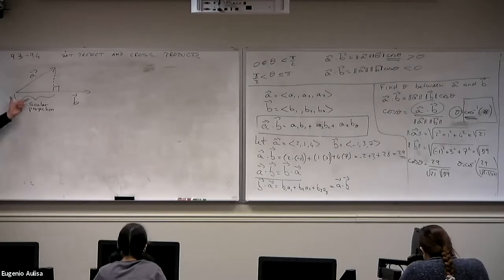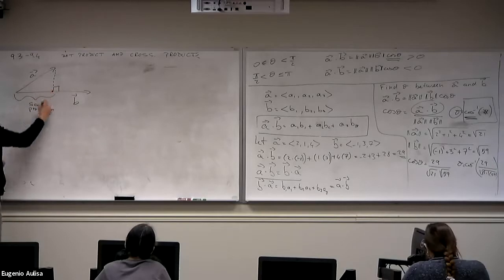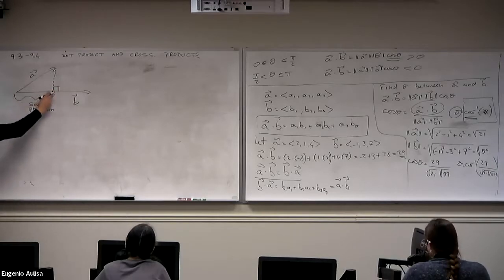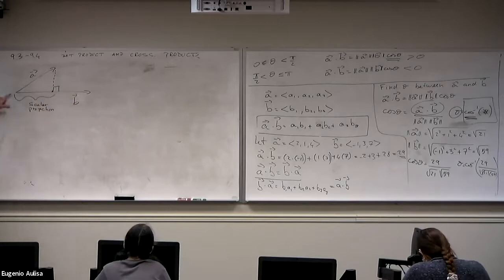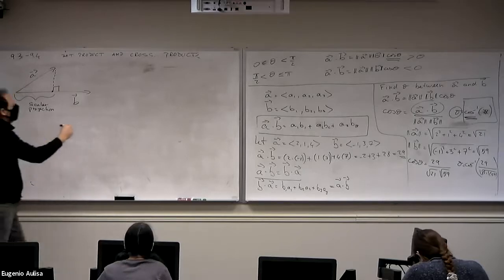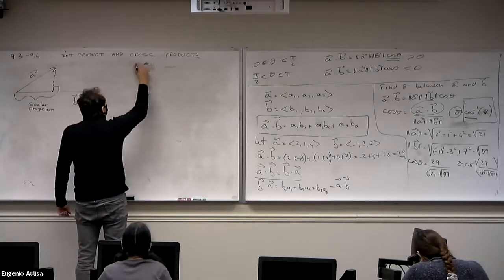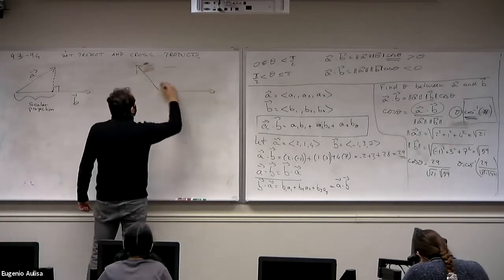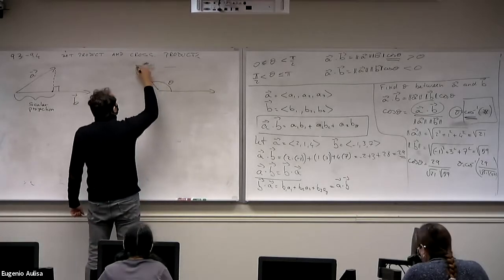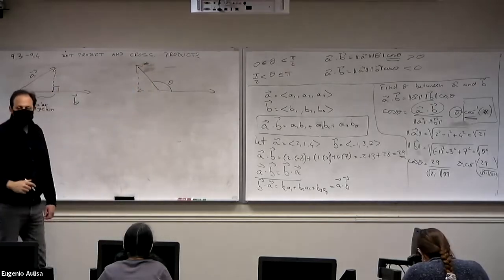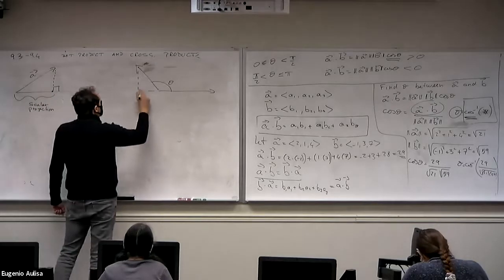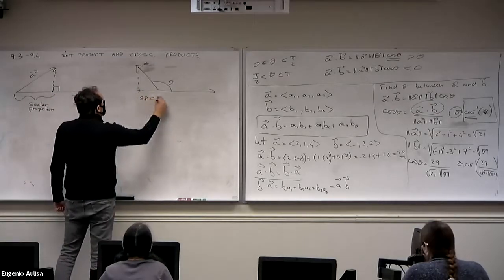So this length is going to be positive if when you project it, this point is going to point in the same direction of B from the foot. It's going to be negative if, when you project it, it points in the opposite direction. So the scalar projection here is going to be negative.